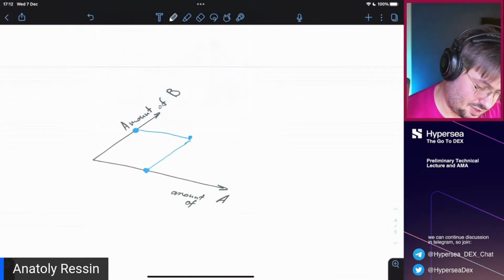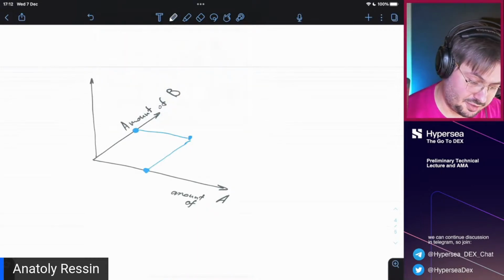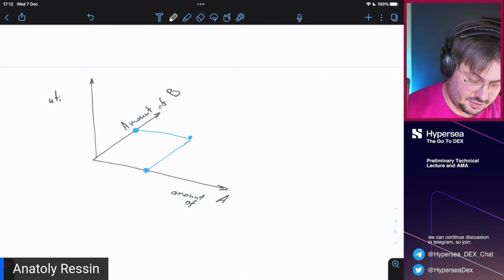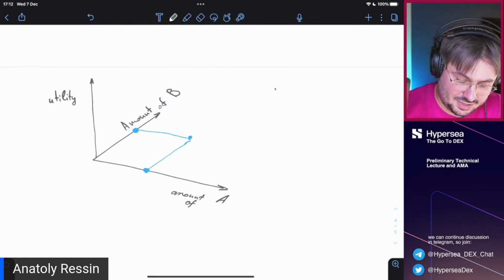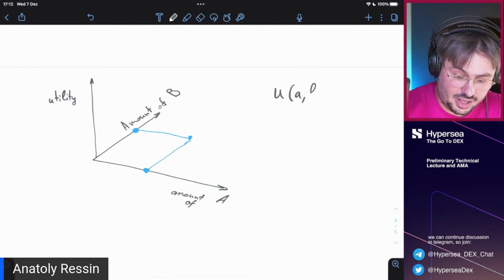And the utility will be here. Utility is now utility of A and B.